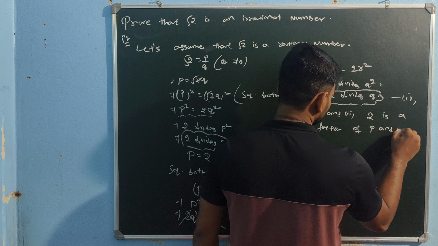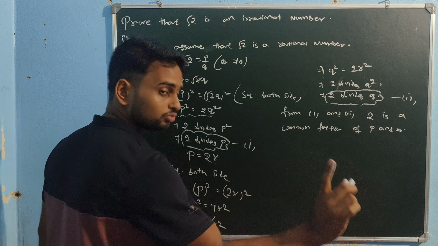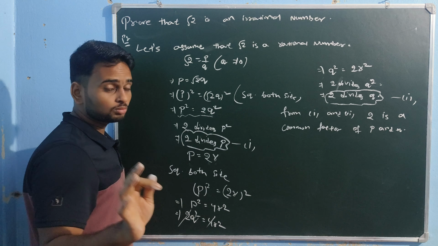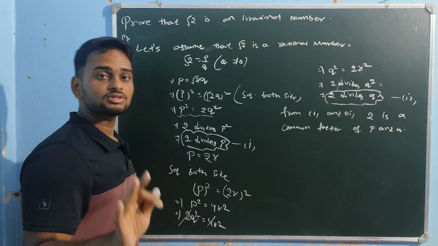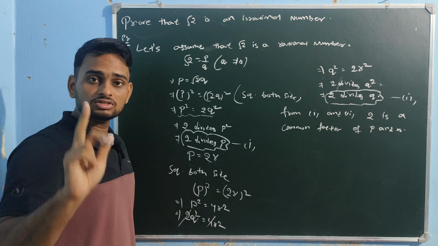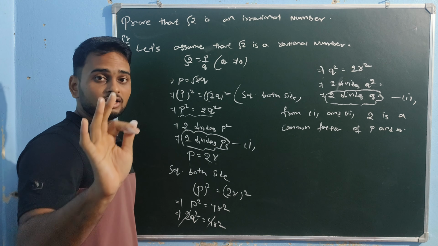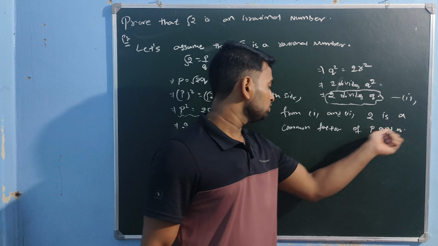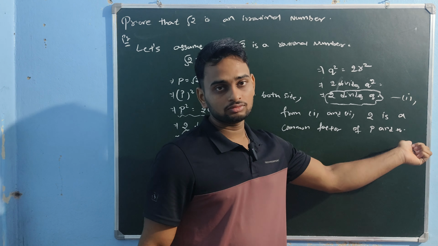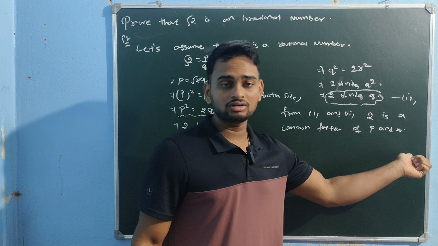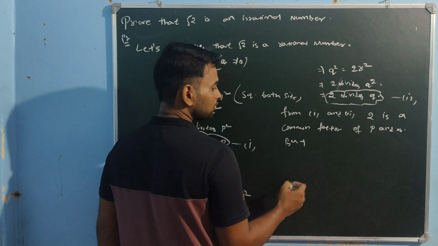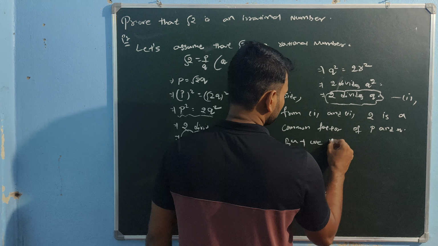But we know that if a rational number can be expressed in the p by q form where p and q are co-prime, that means the only common factor of p and q is 1. But here we found that 2 is a common factor of p and q.